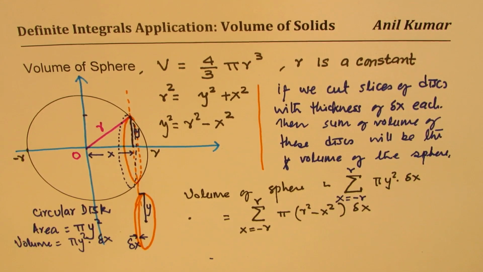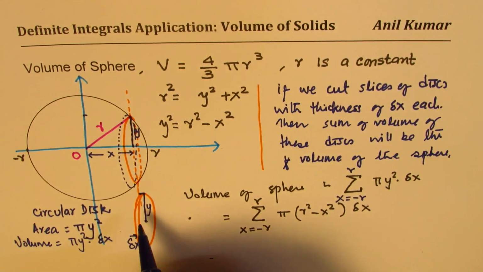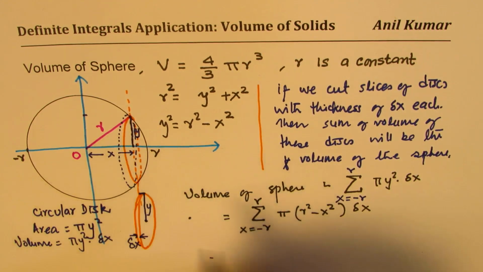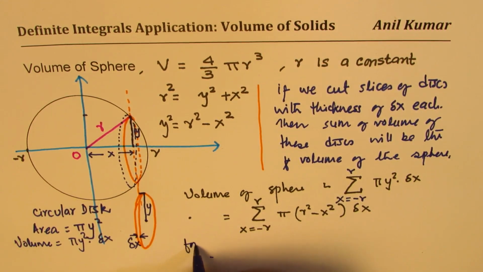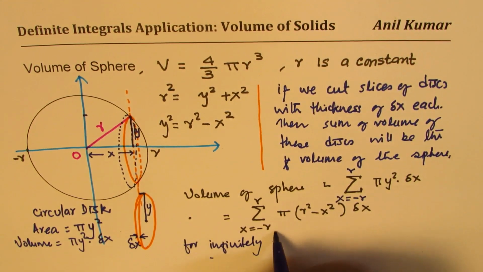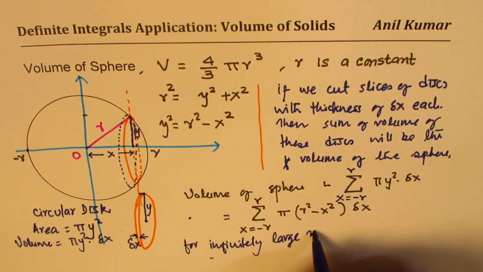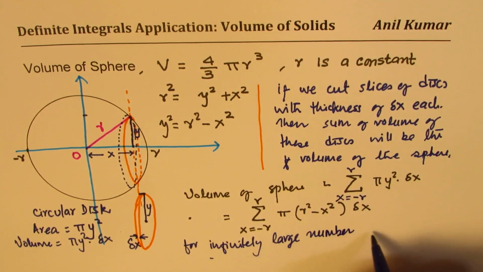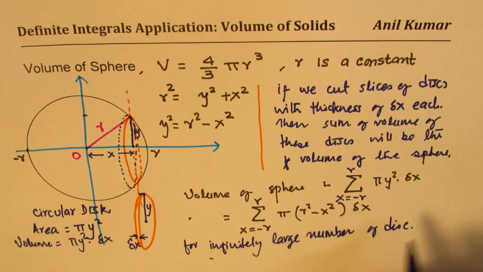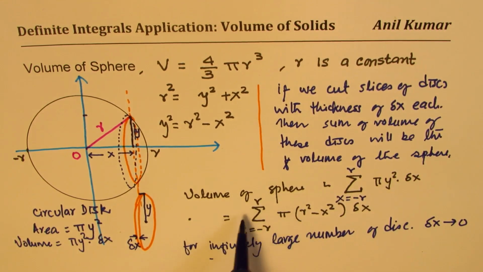Now, if we have an infinitely large number of disks, what happens? Delta x will be approaching 0, and what we get here is the integral, the sum of these disks.